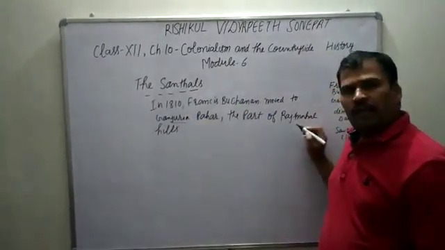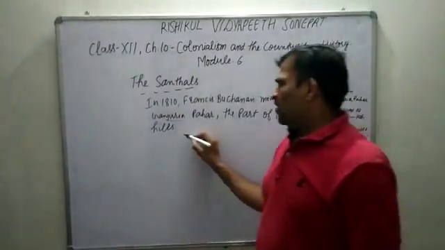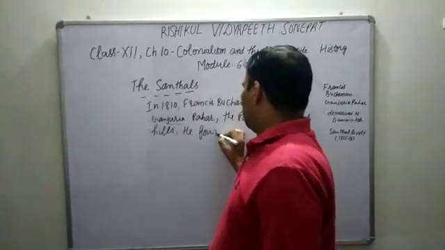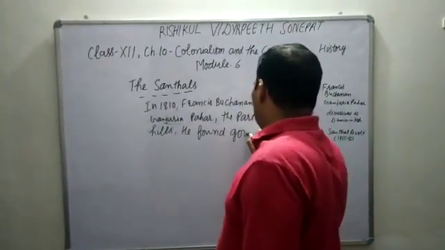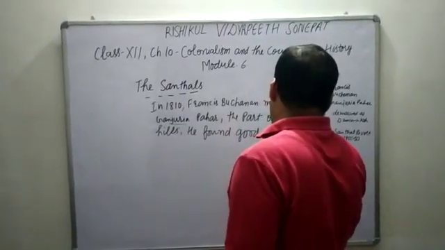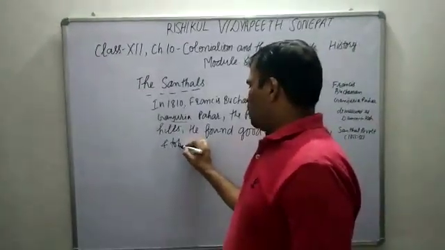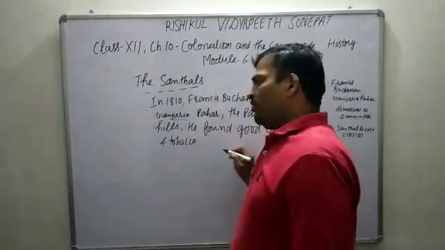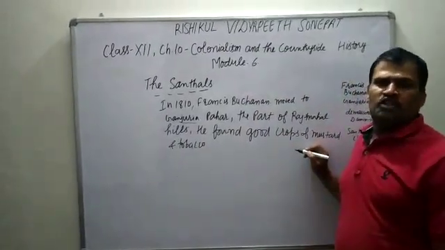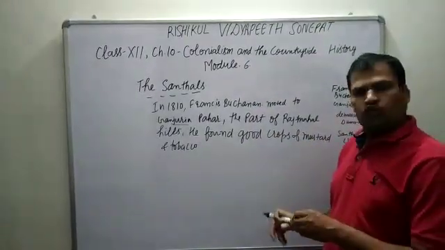Ganjuria Pahad was a rocky, mountainous area, and even then he found good crops of mustard and tobacco. He was surprised to see such good quality crops in these hilly, rocky areas, so he was impressed.